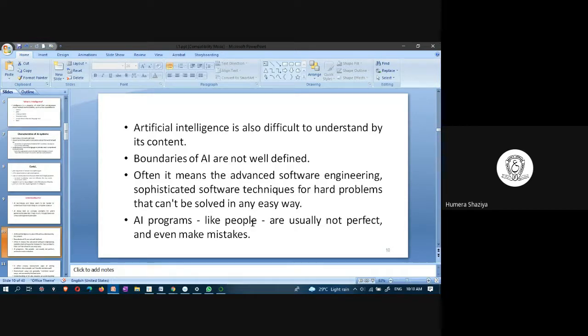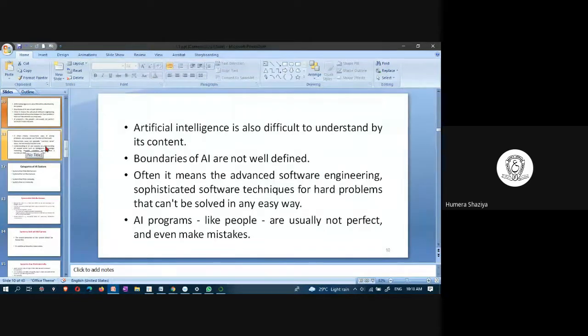AI programs, like people, are usually not perfect and even make mistakes. We people have a magical brain. The brain is a very complicated and complex structure. This brain sometimes makes mistakes as well, and the same thing applies to AI programs. They also make mistakes, but humans are trying not to have AI programs with mistakes.